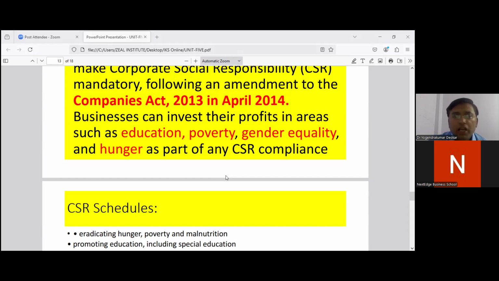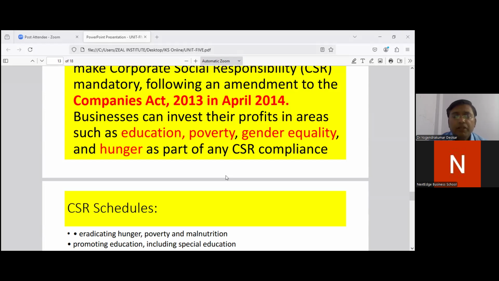In short, under the guidance of our late finance minister Arun Jaitley ji, an announcement was made in Parliament that all companies with a certain range of turnover must utilize 2% of their net profit for the CSR fund.